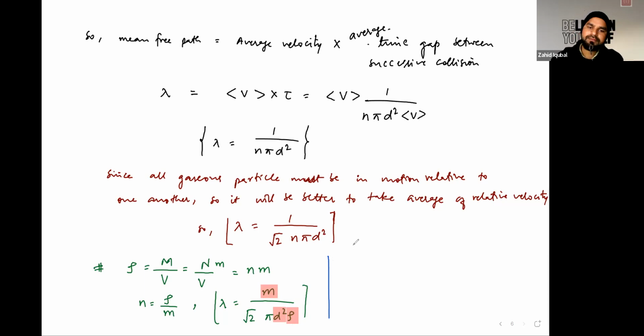Suppose for 1 mole of gas, PV is equal to nRT, so it will be just RT.